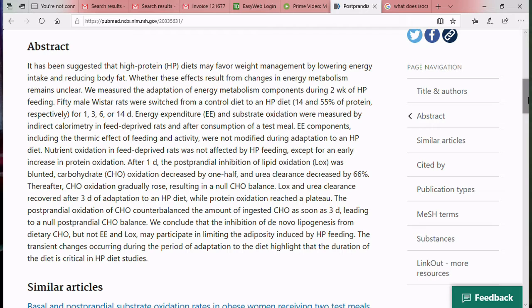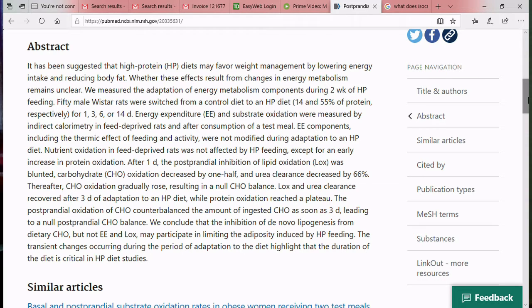Energy expenditure and substrate oxidation were measured by indirect calorimetry in feed-deprived rats, and after consumption of a test meal. Energy expenditure components including the thermic effect of feeding and activity were not modified during adaptation to a high-protein diet.